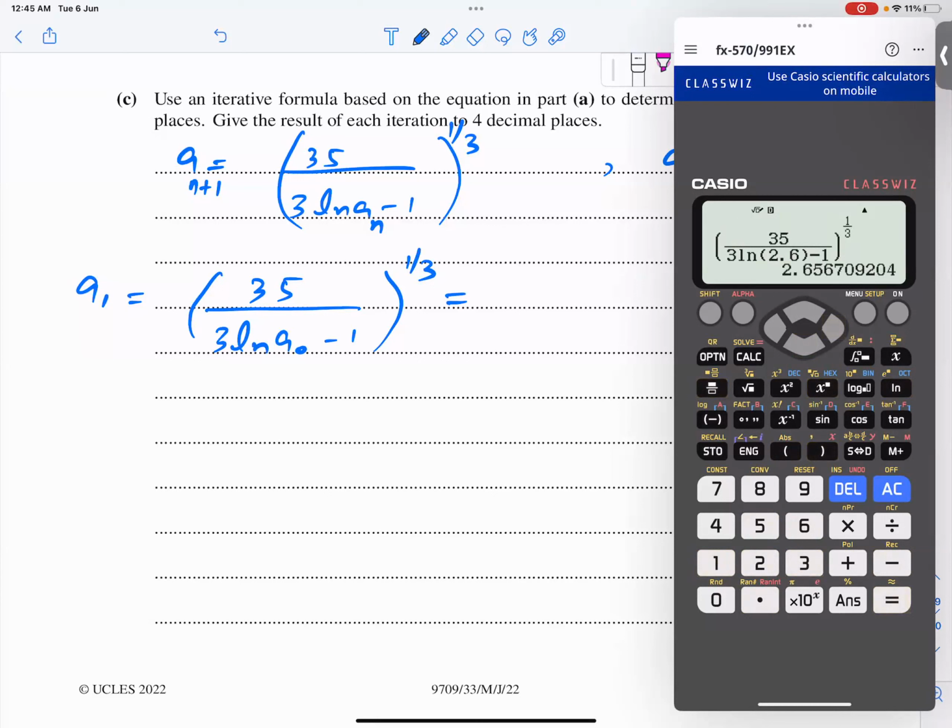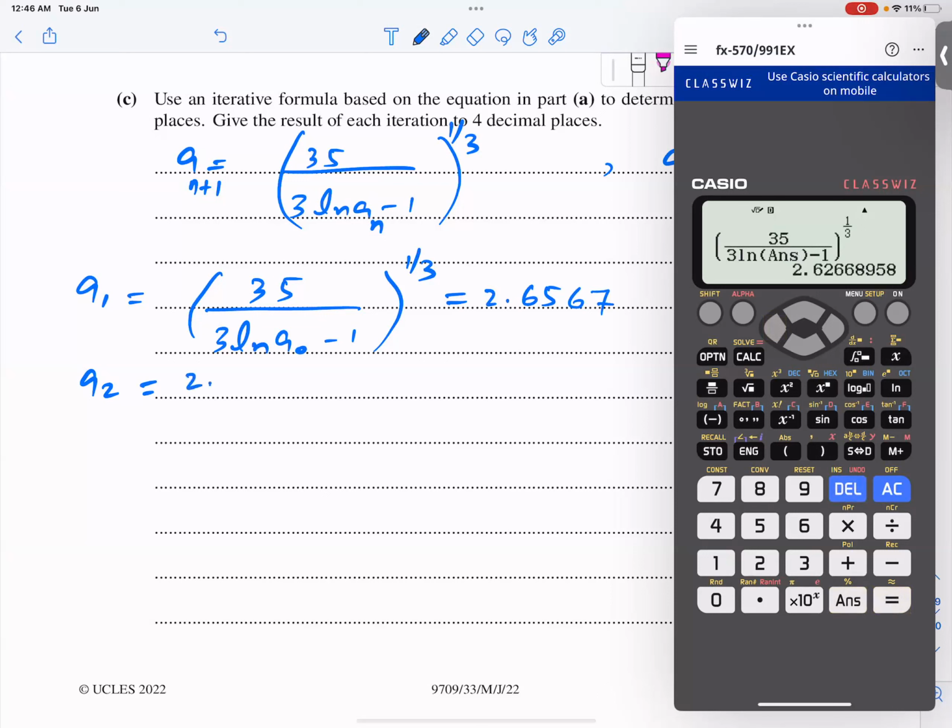So the first answer up to 4 decimal places will be 2.6567. Then before pressing the equal sign, we will first change 2.6 with the answer and then press the equal sign.